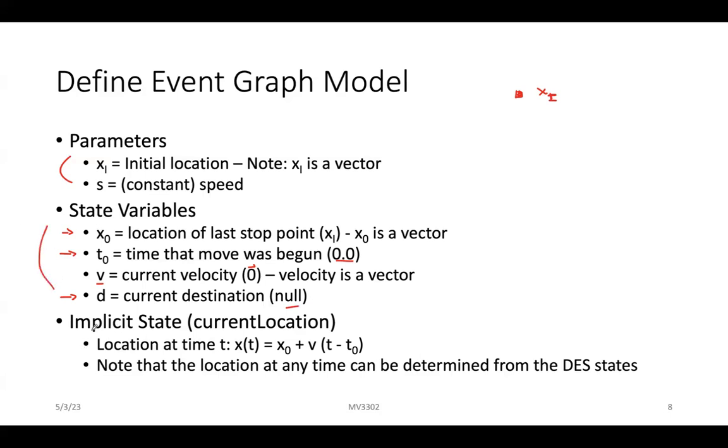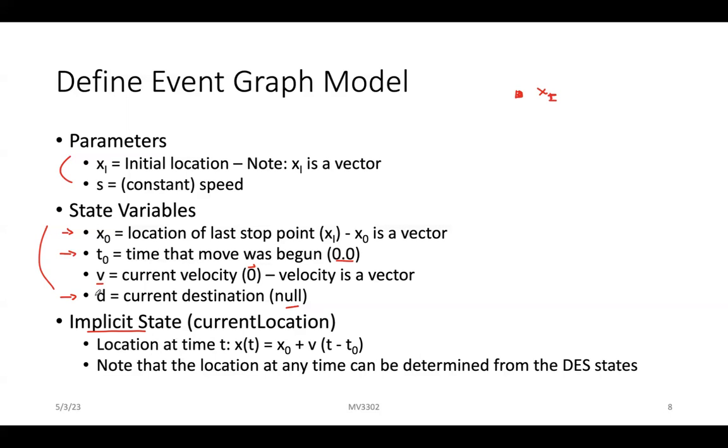But then remember when we were talking about queues, when we were modeling our basic multiple server queue using only the number in the queue and the number of available servers, we saw that using those two states and our parameter, the total number of servers, we could derive another state, we called it L, which was the total number in the system.